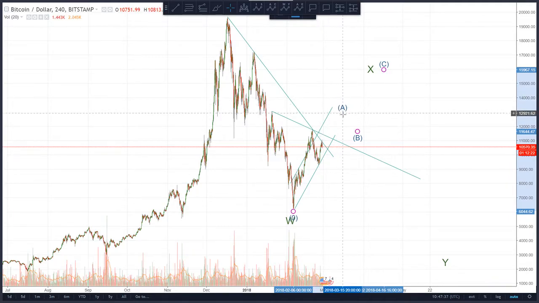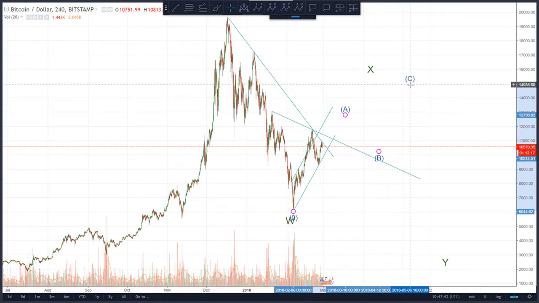So A might finish around here, B around here, and C up here. This is what I'm looking at. So there's a move up to this A point, then it's going to retrace, and then there's an excellent long position around here.